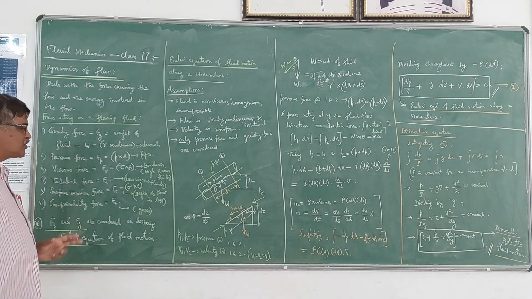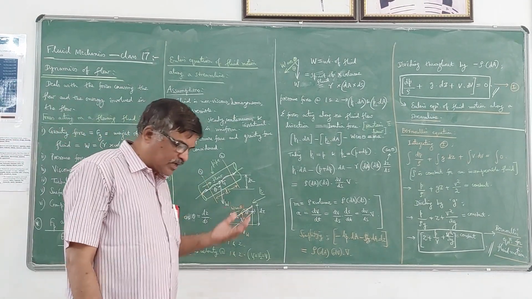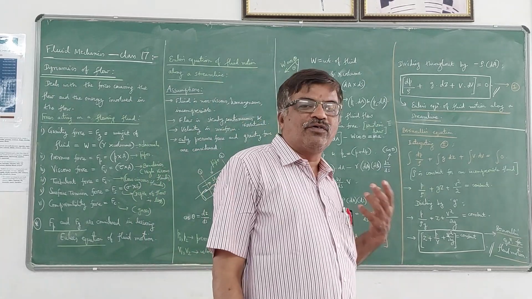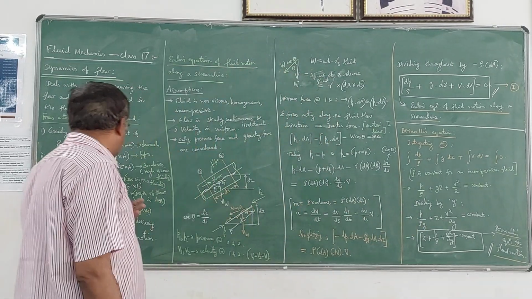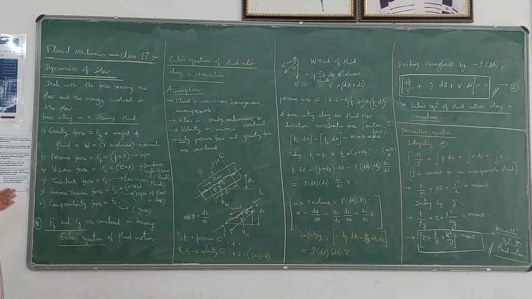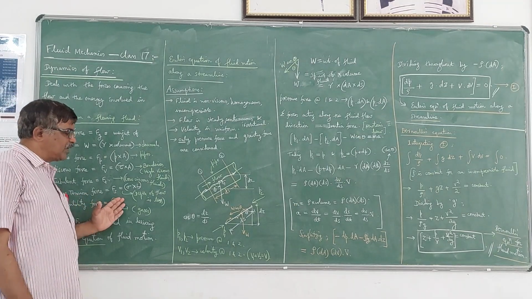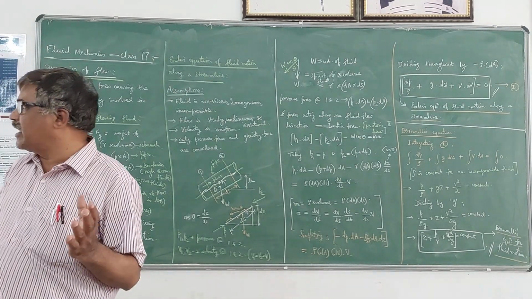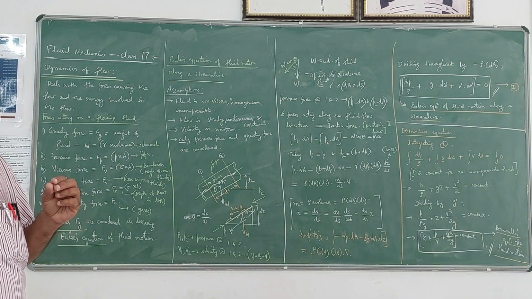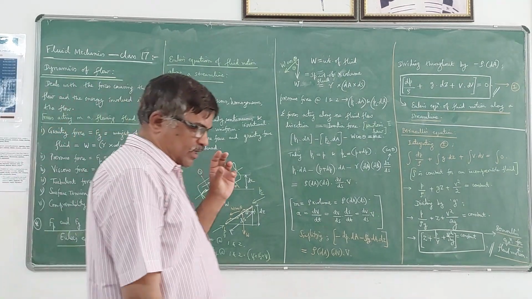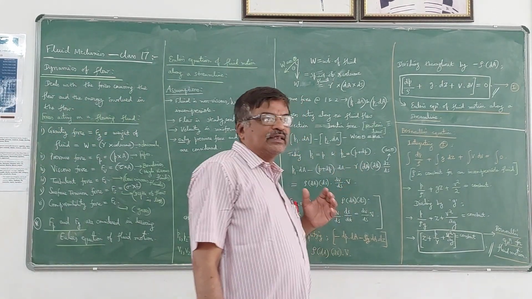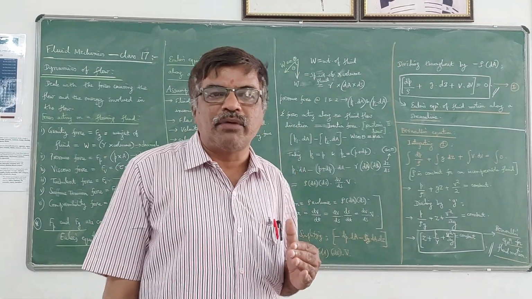Next, the turbulent force which you can experience in the case of low viscous fluids like water, where turbulence effect is there. Surface tension force, when the depth of flow is very less, then in such cases when thin sheet of water is flowing, surface tension force may be predominant.